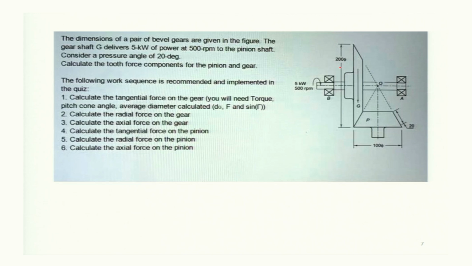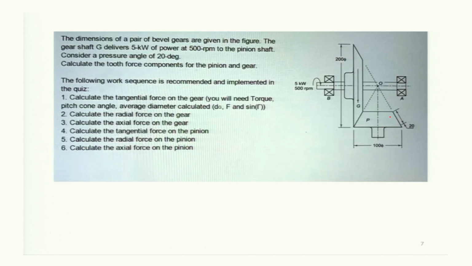This is a typical problem of determination of forces on the bearing and determination of forces at the pitch point for the case of bevel gear, and this problem says that the dimensions of a pair of bevel gears are shown in this figure.